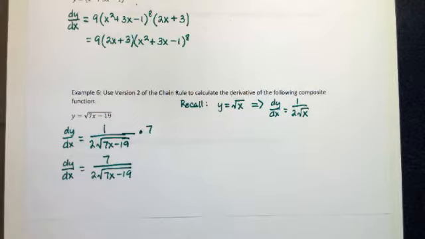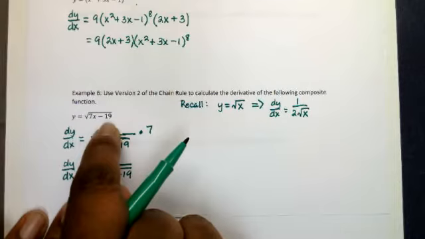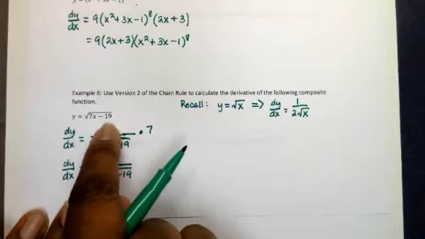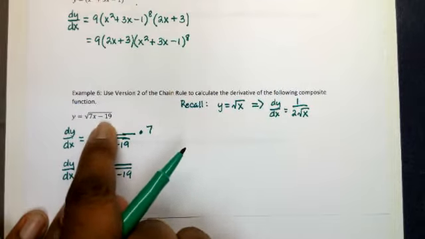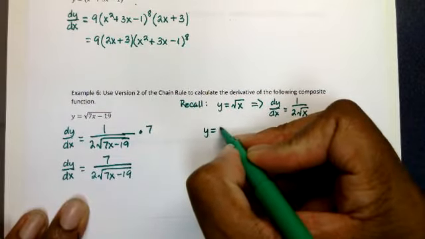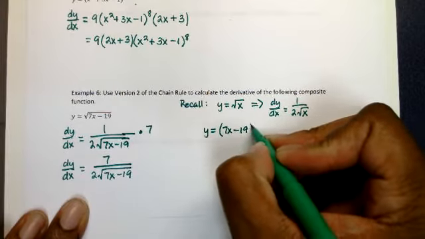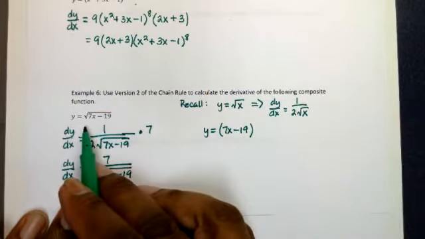But let's say you didn't know right off the top that the derivative of the square root of x was 1 over 2 square root of x. You could write it like this. You can write that as an expression with a rational exponent, because this is the same as saying y is equal to 7x minus 19, and it is the square root.